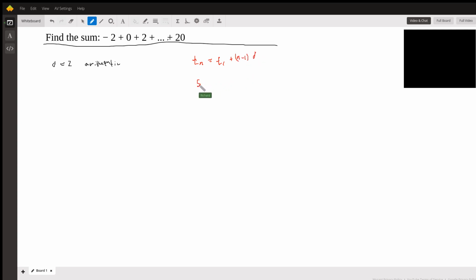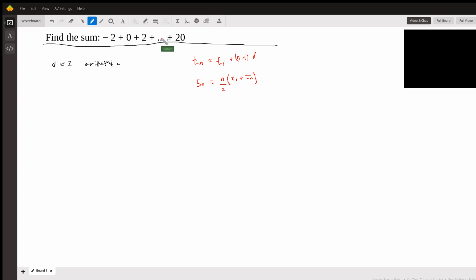And the sum of n terms is just n times t sub 1, the first term, plus t sub n, which would be the last term, over 2. And that's all we need to know in terms of formulas.